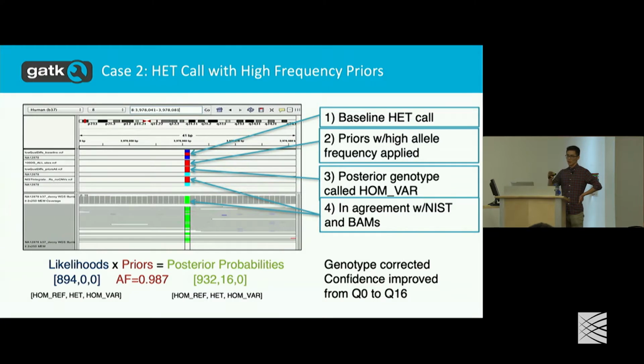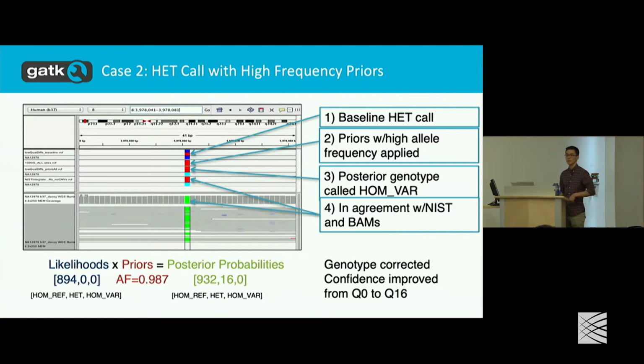So it doesn't know which one is true. But if you look at the population, it turns out almost everyone has 2 copies of this allele. So using that information, it's more likely that this person too has 2 copies of this variant allele.